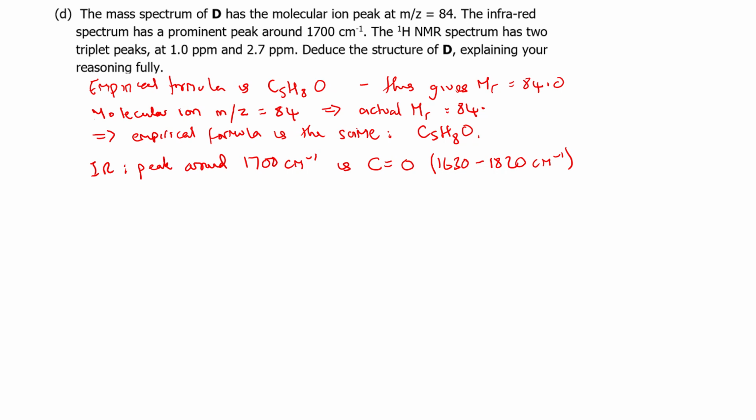So in proton NMR, 2 triplets. What does that mean? Well, remember, a triplet means that you've got 2 hydrogens on an adjacent carbon. And if you've got 2 triplets, that means you've got 2 sets of adjacent hydrogens splitting each other. In other words, 2 triplets means that you have a CH2 next to another CH2.